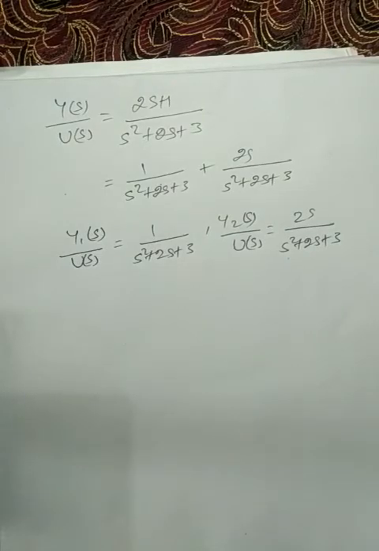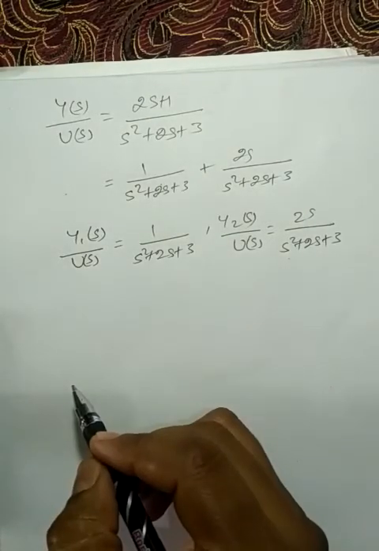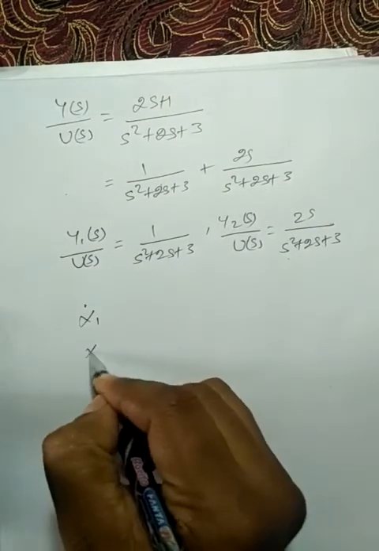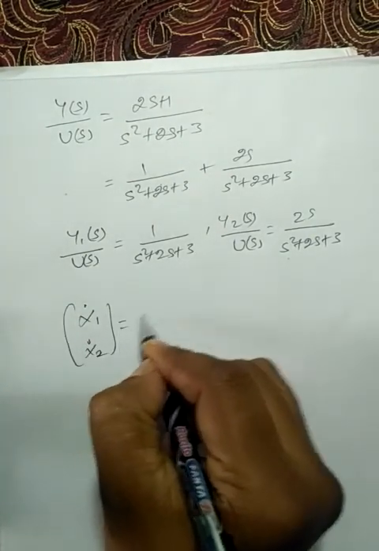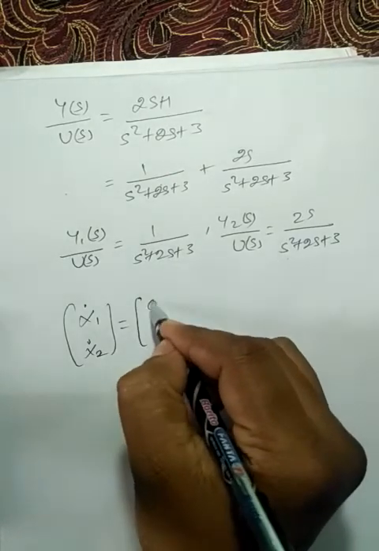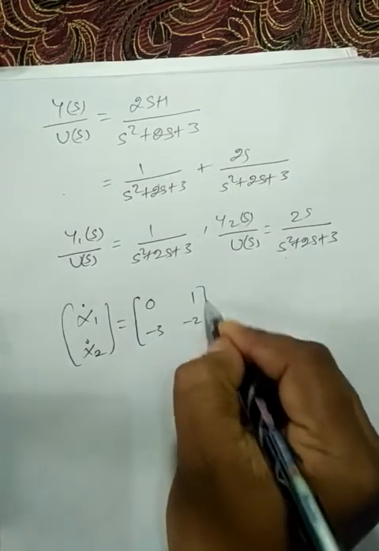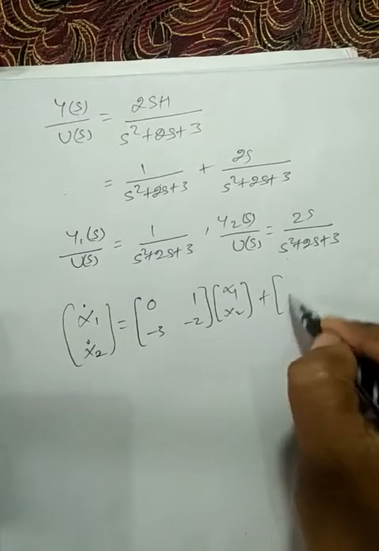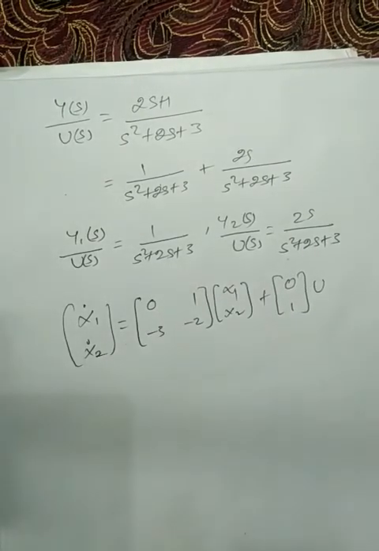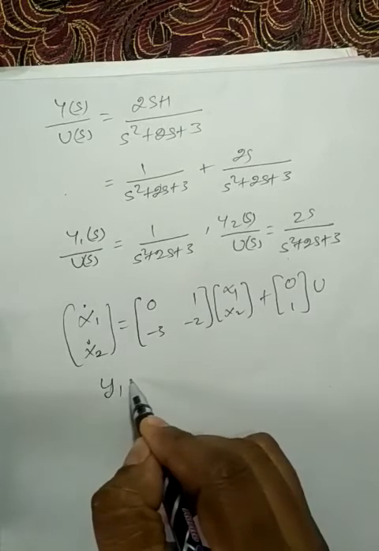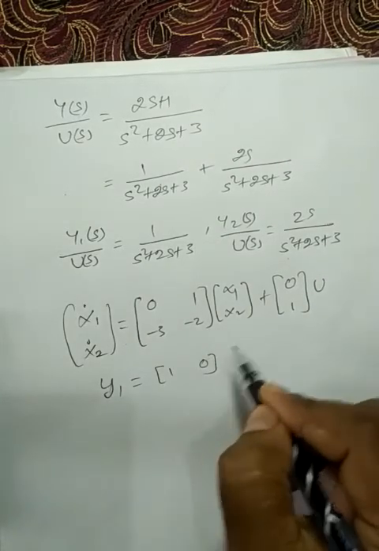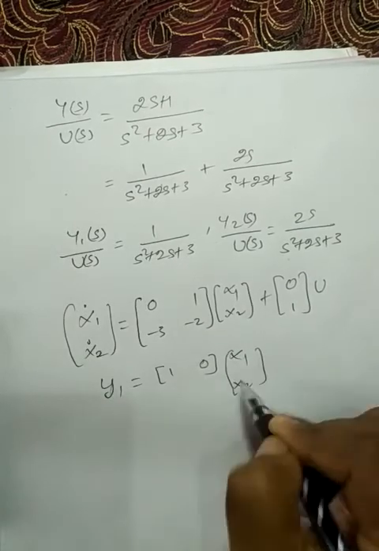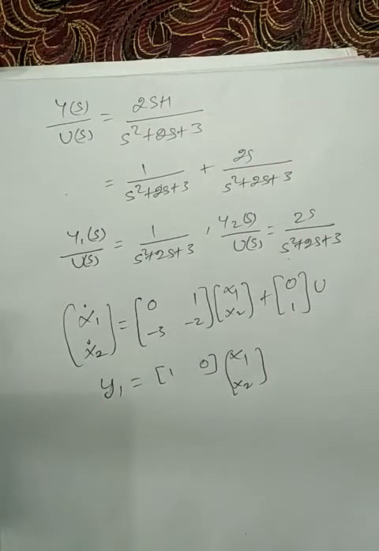So what will be the equations for y1 and y2? For y1, we'll have the equation [x1 dot; x2 dot] is equal to [0, 1; -3, -2] [x1; x2] plus [0; 1] u, and y1 is equal to [1, 0] [x1; x2], like this.